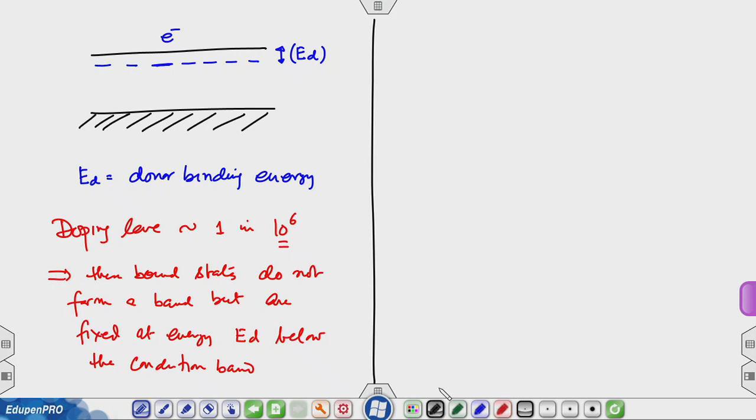So, the picture you make is this is E c, and here are these donor levels. Donor because it is donating an electron, and here is E c.